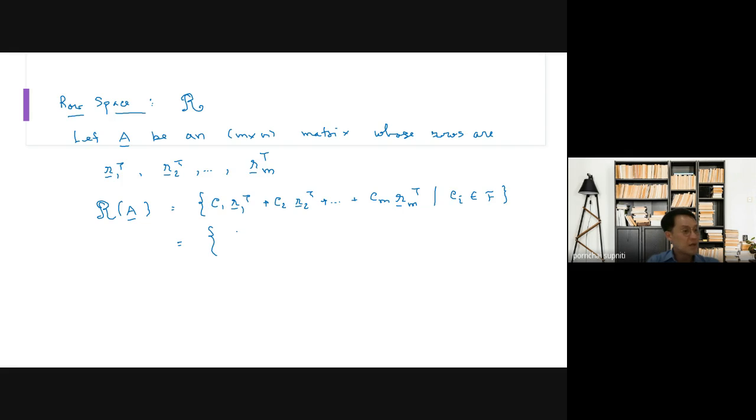So now you have C1, C2, all the way to Cm multiplied with A, where Ci is an element in the field. So these are three concepts: subspace, column space, and row space.